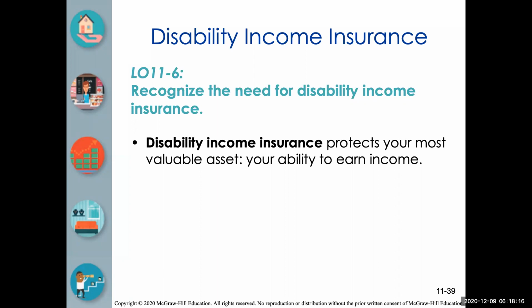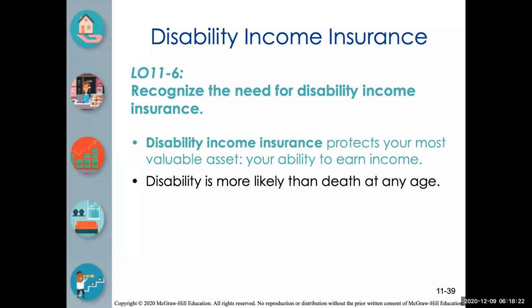So the reality of disability is that disability is more likely than dying at pretty much any age. So it is a risk that is more likely to occur than death.